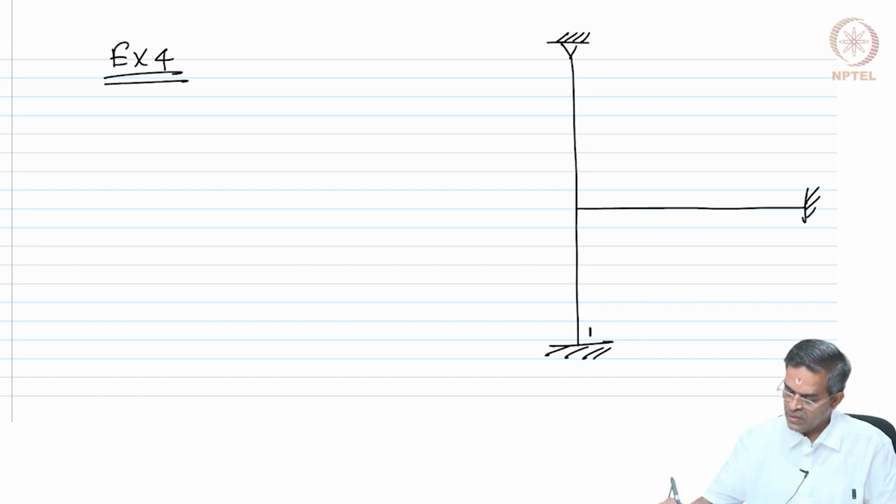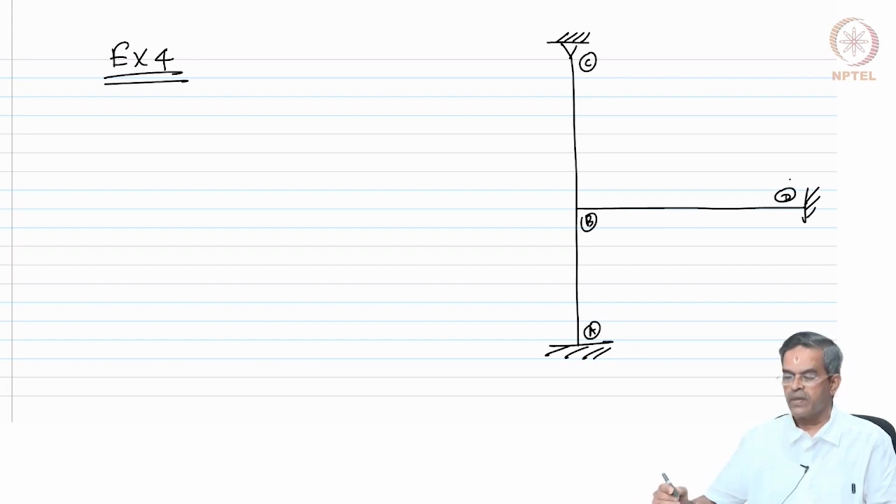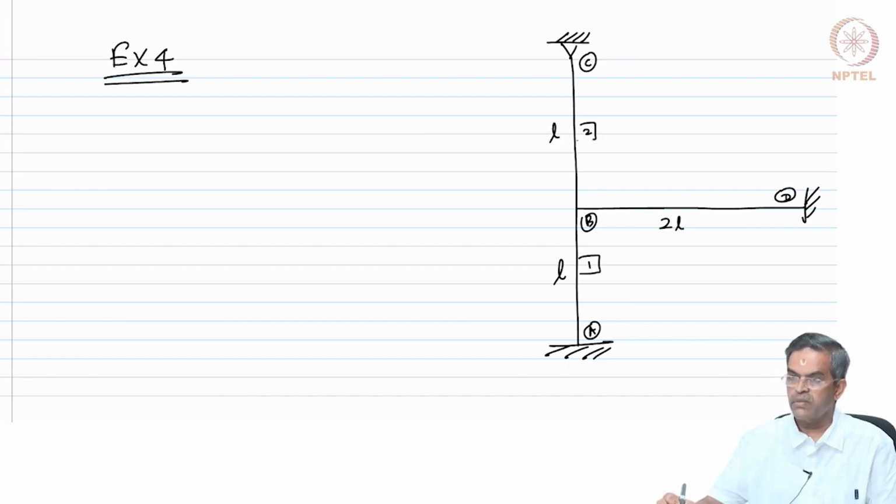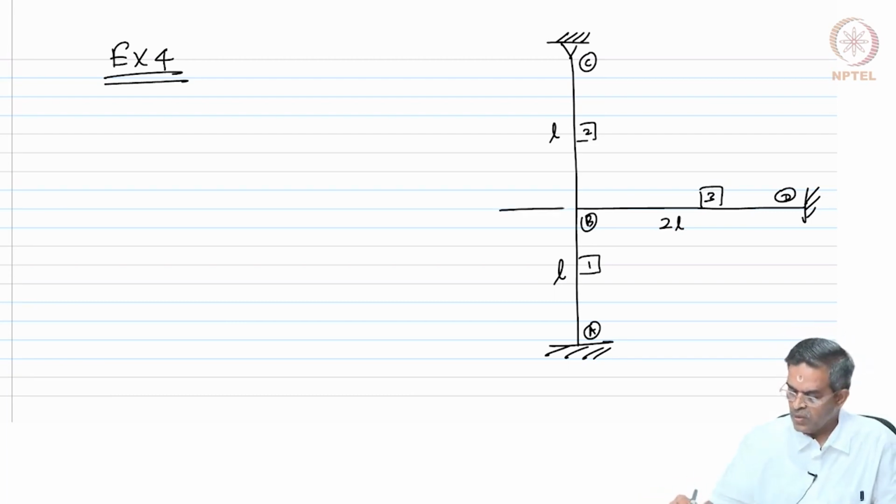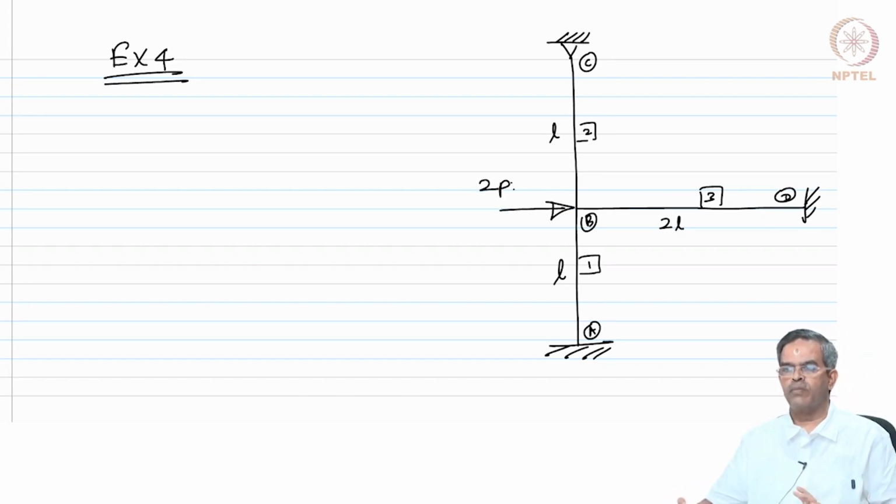Let us call these A, B, C and D. This is of length L, this is L and this is L, and this is member 1, member 2 and member 3. This is subjected to a horizontal load of 2P here on the whole problem.